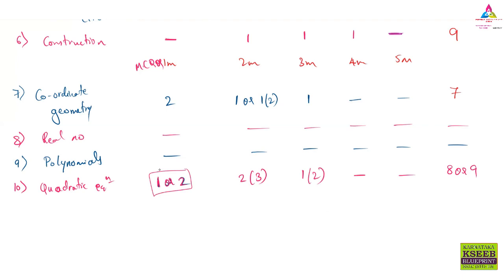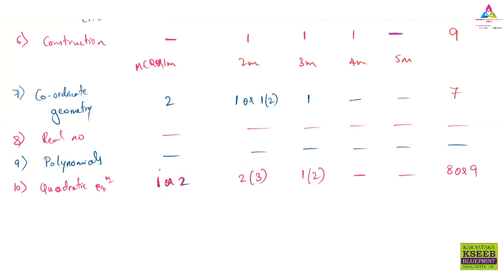Here I have written or, but I have considered 2 marks, 2 questions only, means 4. Here 3 marks, only 1 question you have to attempt. Even if it is 2 questions, you have to write only 1. So 4 plus 3 is 7, plus 1 is 8, or plus 2 is 9. So totally 8 or 9 marks you are going to get.